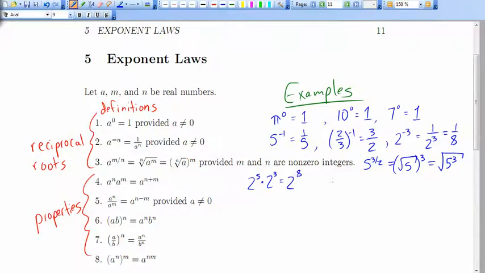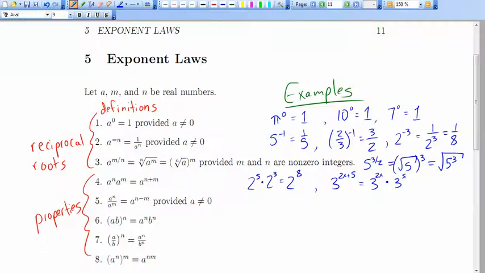If I have a sum in the exponent, like say I've got 3 to the 2x plus 5, then I could rewrite that as 3 to the 2x times 3 to the 5. So that exponent law goes both ways. It's an equal sign, so both sides are equivalent, equal to each other.